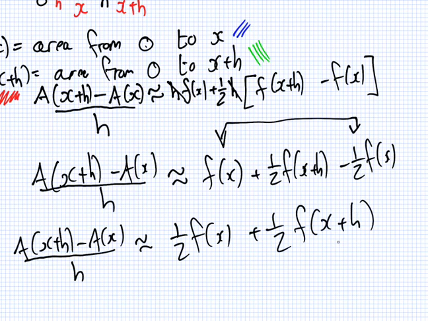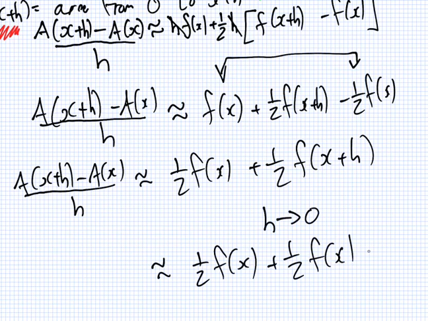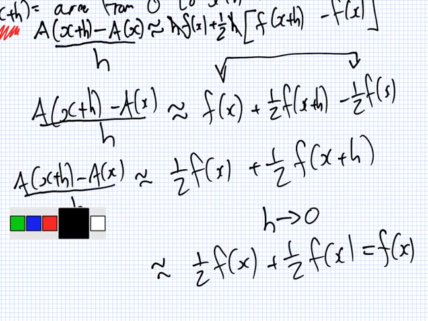Okay. Now what I'll do is I'll make h go to 0. So if h goes to 0, this would be a half f(x) plus a half f(x), which equals just f(x). But who can tell me what this here would be when h goes to 0?